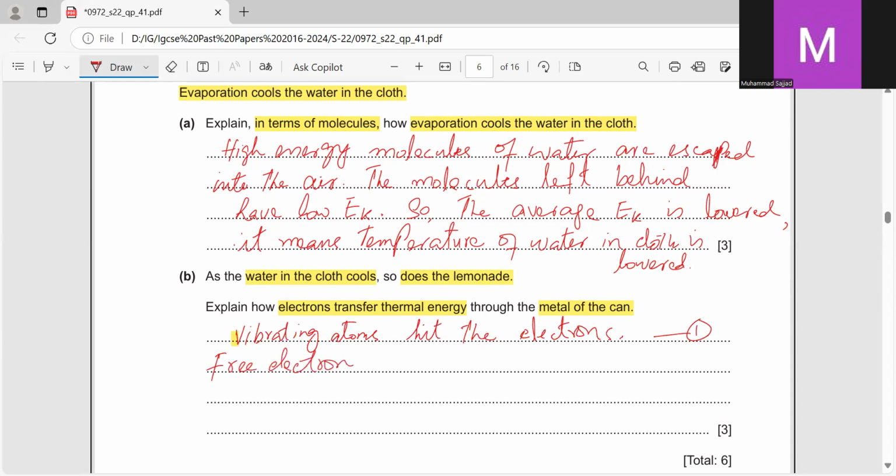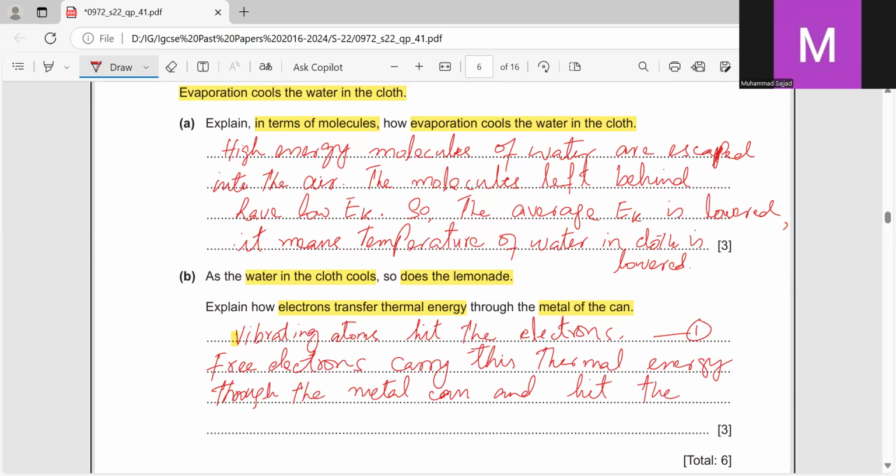Free electrons carry this thermal energy through the metal and hit the vibrating atoms at the distant end, which was comparatively cold, and in this way energy is transferred.